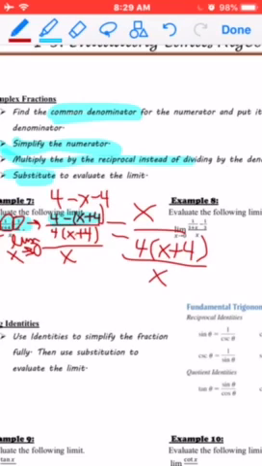Okay, so now right here, we're going to multiply by the reciprocal of x instead of dividing by x. So hopefully you can see we want those x's to cancel. And actually, on the numerator, if I canceled those, we have negative x, my bad.